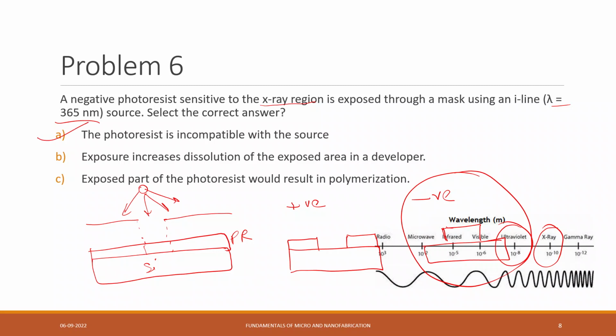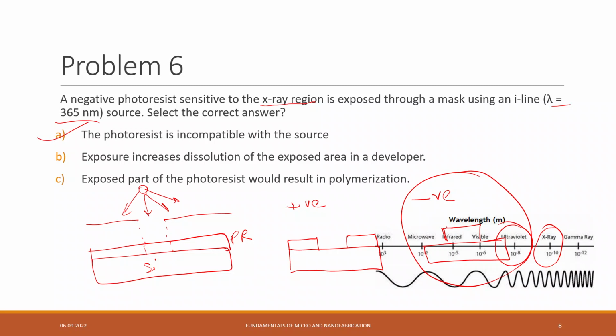The other options don't come into play because the source and the photoresist should match, and that's how we get a pattern. If they are not compatible, we won't get any pattern. So the B and C options are invalid in nature.